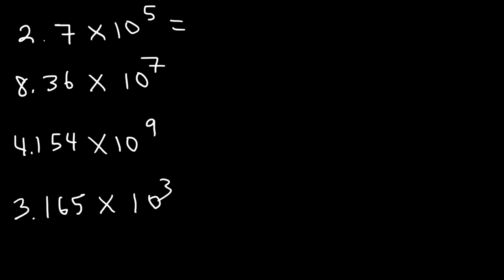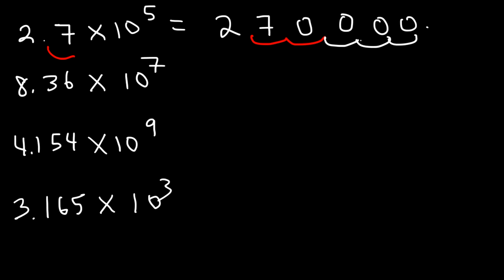So if it's 10 to the 5, you need to move the decimal 5 units to the right. So first, let's write a 2, a 7, and then let's move it. So this is 1, and then this is the second place, so let's put a 0 there. And then 3, and then 4, and then 5. So here it is.